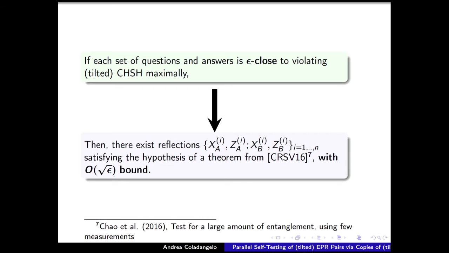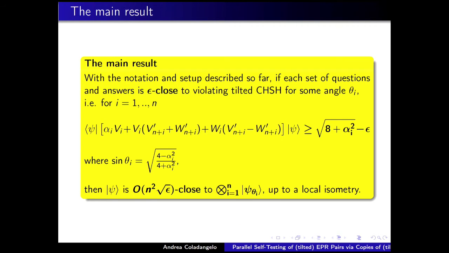Okay, so I'll make one concluding remark, which is about the initial motivation for this work, which was slightly different. At the time I was thinking of another question, the question of whether one can self-test all pure bipartite entangled states. So not just pairs of partially entangled qubits, but also pairs of partially entangled qudits for any d.